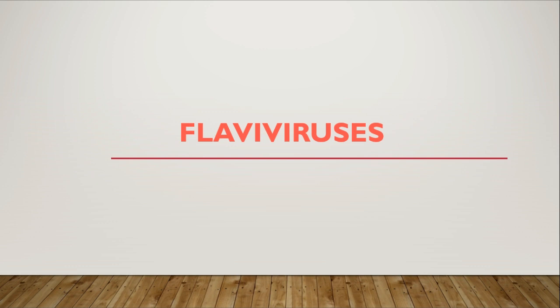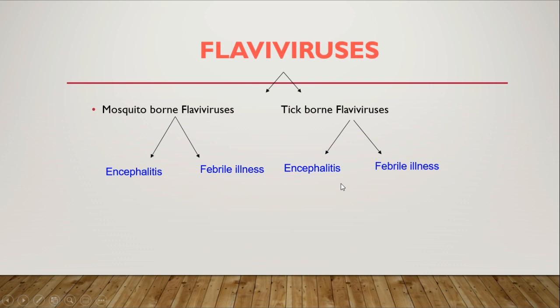So the next important family which comes under arbovirus is Flaviviridae, or flavivirus. Let's learn more about their features and the common infections caused by flavivirus. Now I can say in simple words that flavivirus is a dangerous family member of the arboviral superfamily. There are two different types of flavivirus.